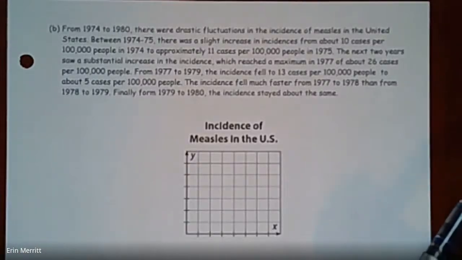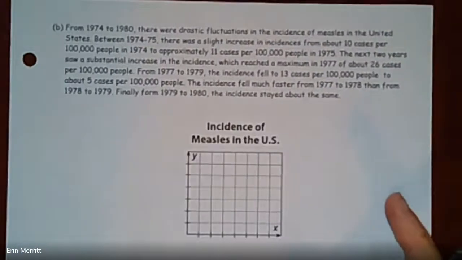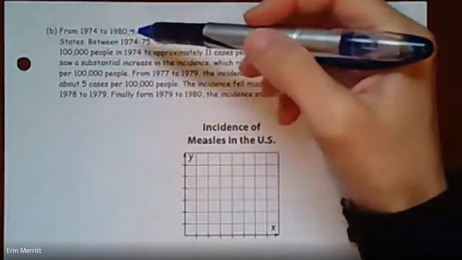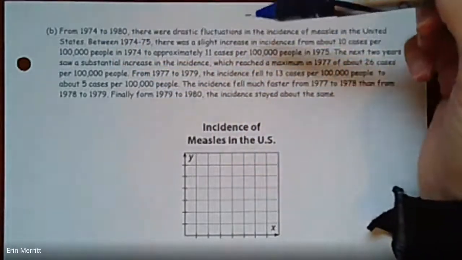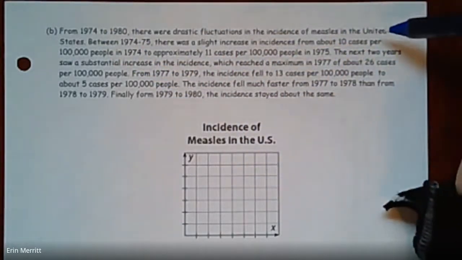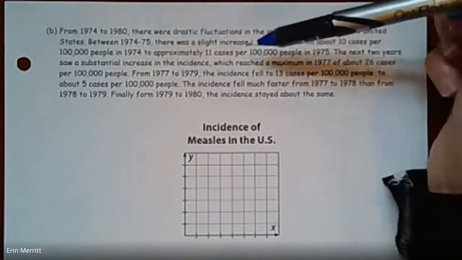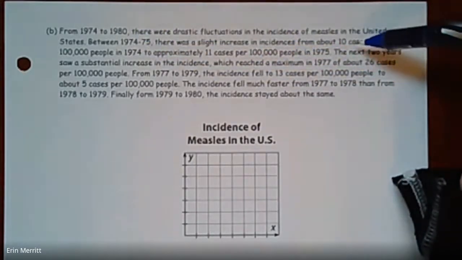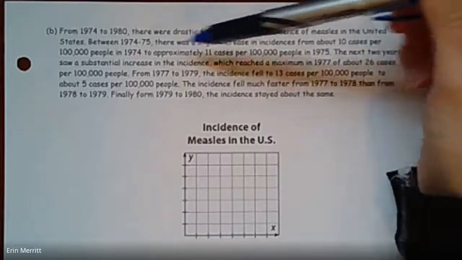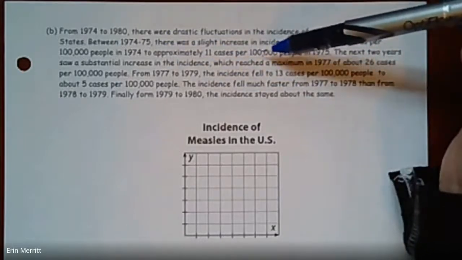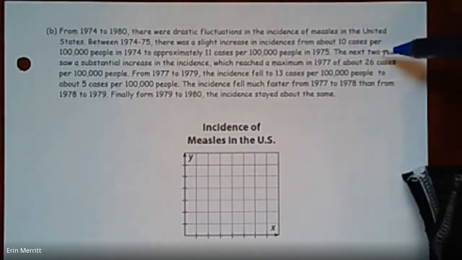Actually, maybe they do, you never know. But from 1974 to 1980, there's a drastic fluctuation in the incidence of measles in the United States. From 1974 to 75, it increases from about 10 cases per 100,000 to about 11 cases per 100,000. So just a tiny little increase. And then it keeps going.